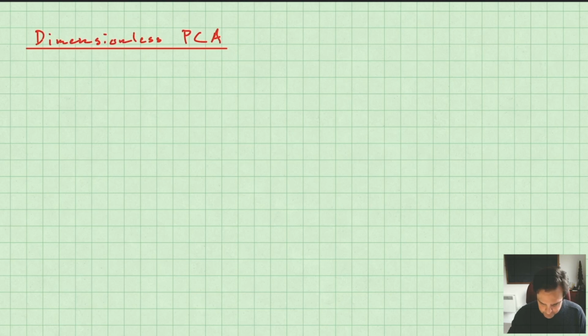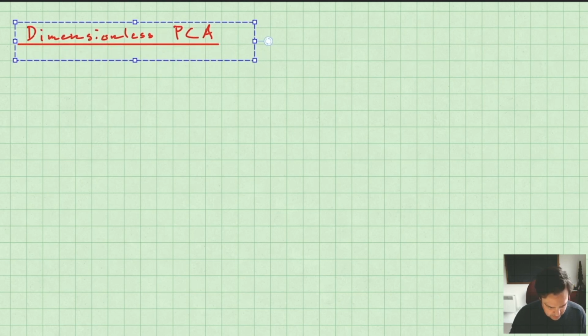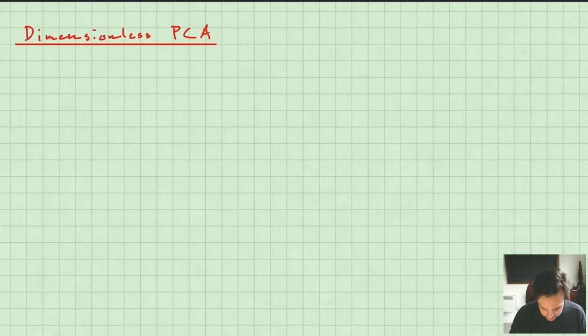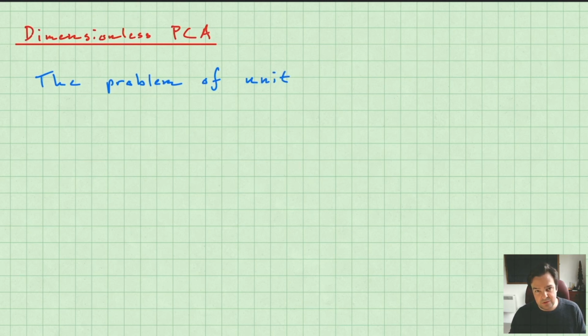So you should keep this in mind. What we're going to talk about is the problem of units. And I'll start off just by giving a simple two-dimensional picture of what this problem actually is.